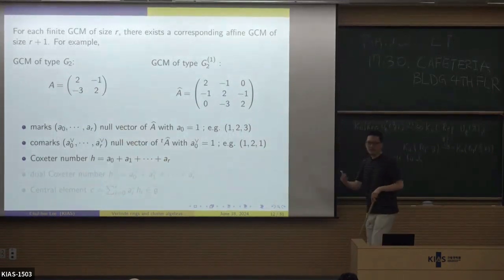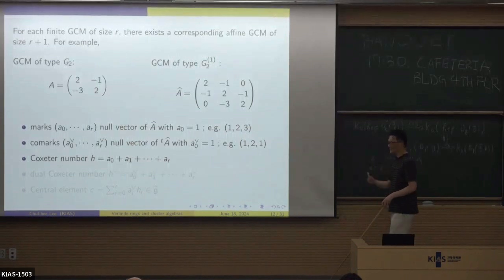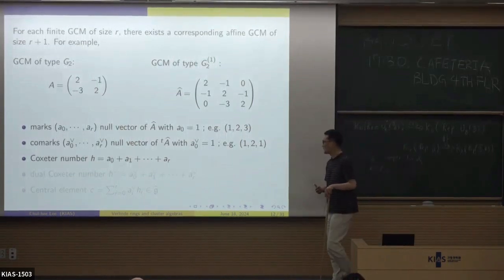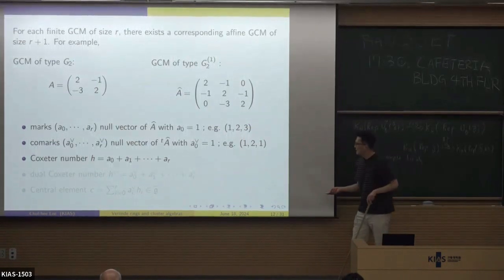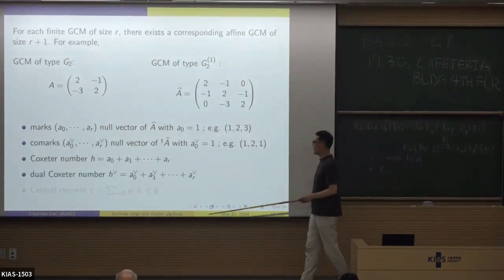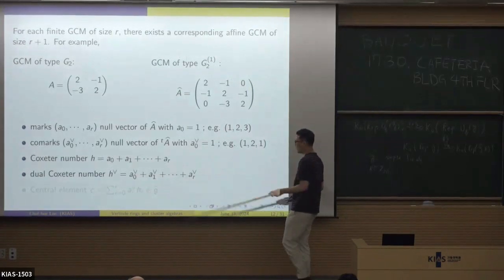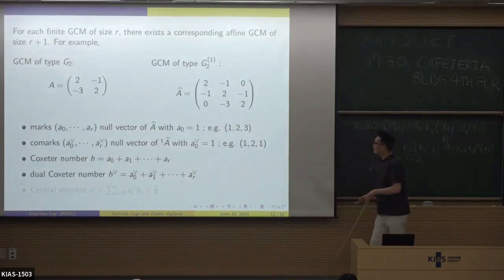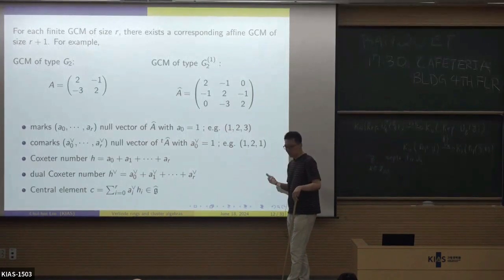But there is another way to define the Coxeter number, as the order of a certain element in the Weyl group. The special element is the Coxeter element, but anyway, this number coincides with that. There's also the notion of the dual Coxeter number, usually denoted by h check, and this is the sum of the comarks. When we consider affine Lie algebras, there's a special, distinguished element.